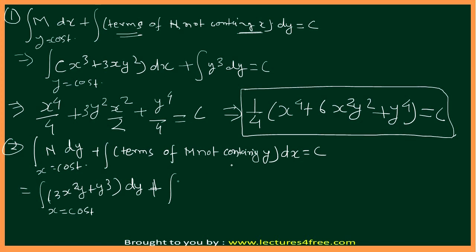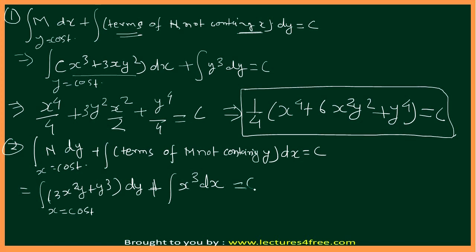What is M here? M is x³ plus 3xy². We have to write the term that will not contain y. The term 3xy² contains y, so we exclude it. We include only x³ here, because only this term does not contain y. So you will get x³ dx.